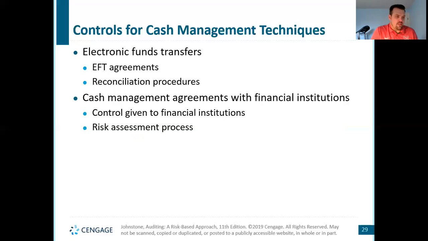For you and me and most regular individuals, the amount of money in our checking or savings account isn't enough to really warrant moving it for 24 or 48 hours. But you think about some big companies that could have hundreds of thousands or millions of dollars in a bank at a given time. Moving that out over the weekend could be a substantial amount of money, especially if you do it every weekend all year round.